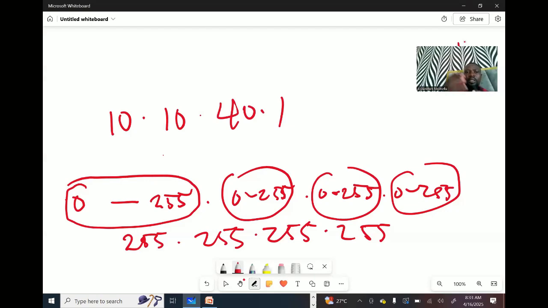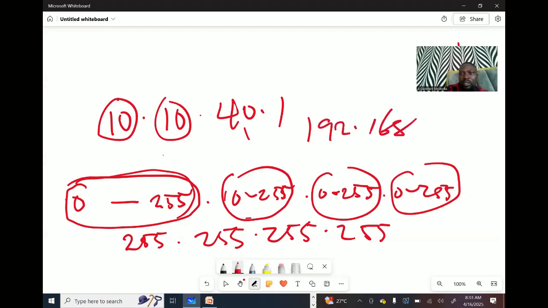Okay, this is a valid IP address because each number falls in between these ranges. So this is a typical IP address. Or let's say you have 192.168.10.10. This is another typical IP address.